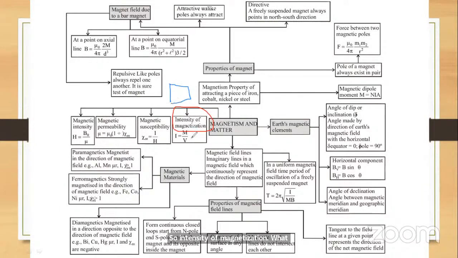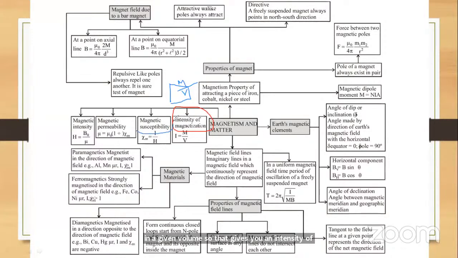Very simple. It is the amount of magnetic field that you supply and what it retains. If I supply a quantity of magnetic field, it retains some quantity. So what is the intensity of magnetic field lines in a given volume? That gives you the intensity of magnetization.